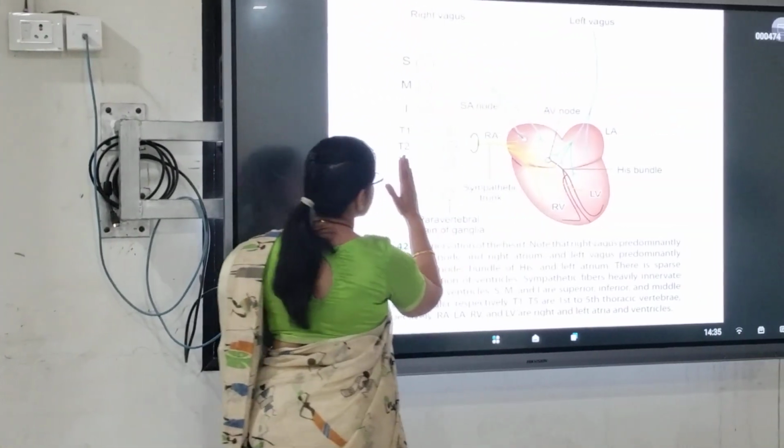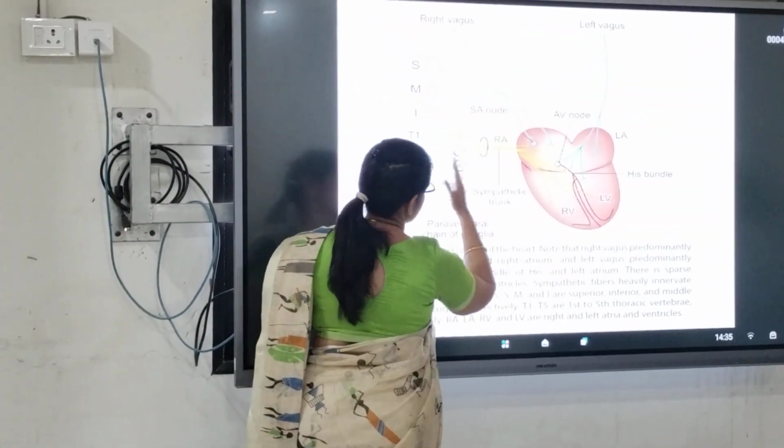These nuclei are present in the medulla. From the medulla, the vagus will supply the heart, and some fibers go to the intermediolateral grey matter, and they are supplying the heart also. So we have a parasympathetic nervous system with the vagus supply, and this is the sympathetic nervous system.